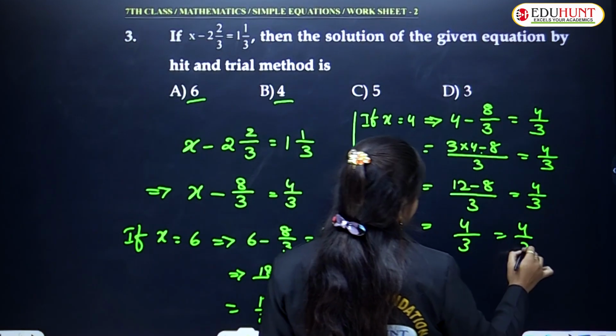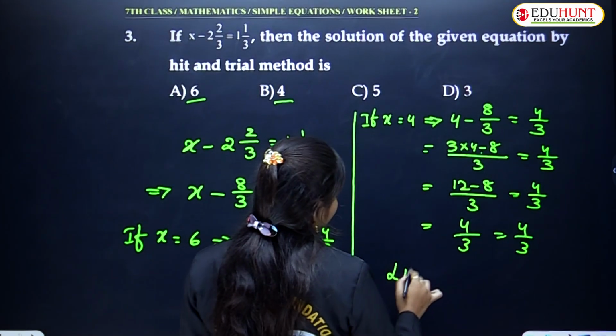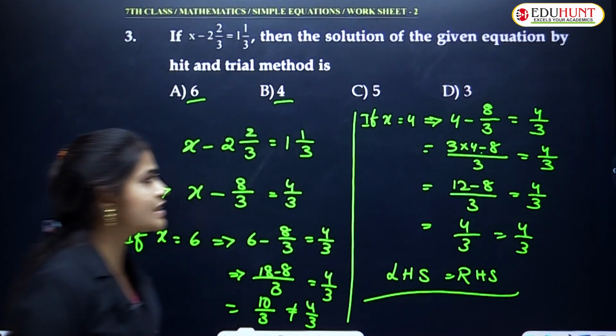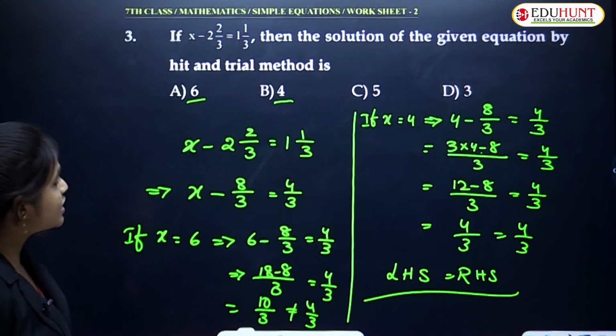So 4 by 3 is equal to 4 by 3. It is satisfying or not? Yes, satisfying. Then here LHS is equal to RHS. Then what is the value of x here? x is equal to 4. Understand? Next, check the leftover 2 also.